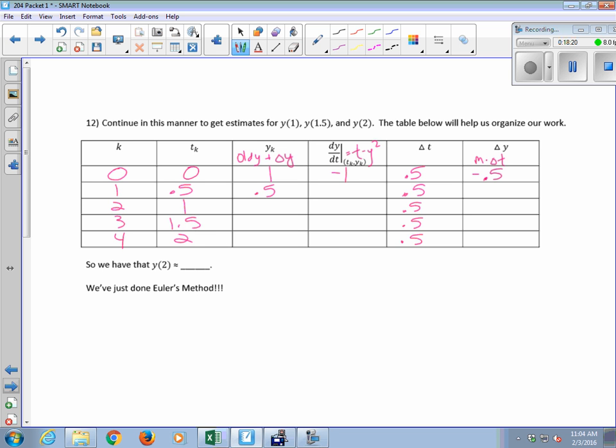So now I calculate the slope at 0.5, 0.5 by plugging into the differential equation t minus y squared, and you get 0.25. 0.5 minus 0.5 squared is 0.25. Delta y is always your slope times your delta t. So 0.25 times 0.5 is 0.125.